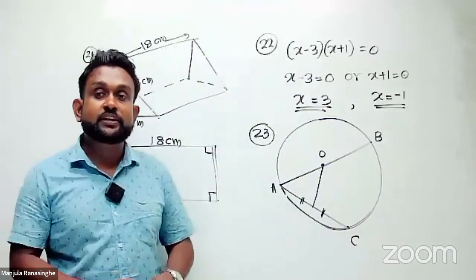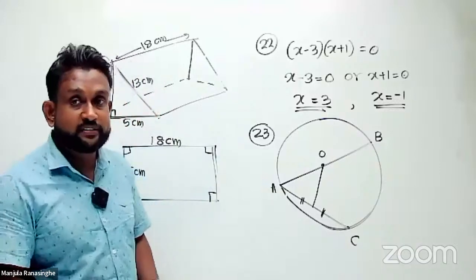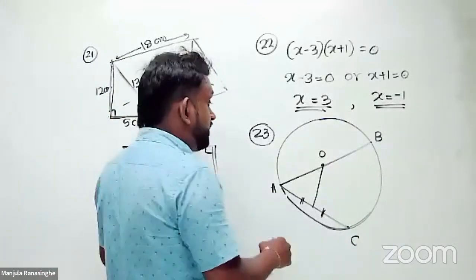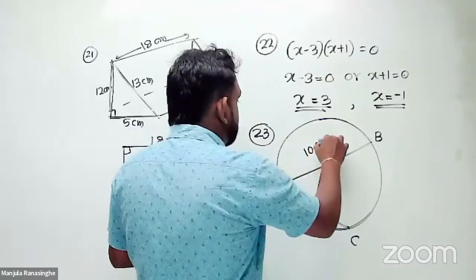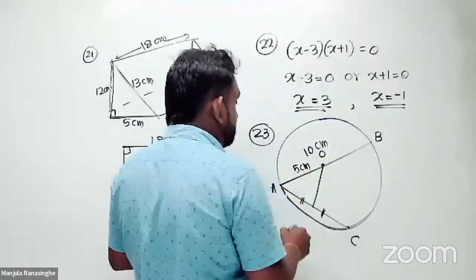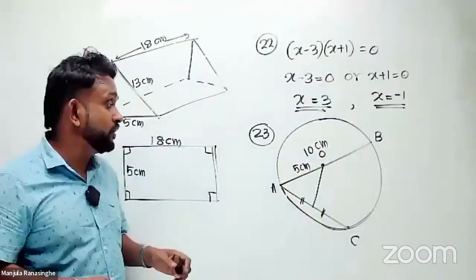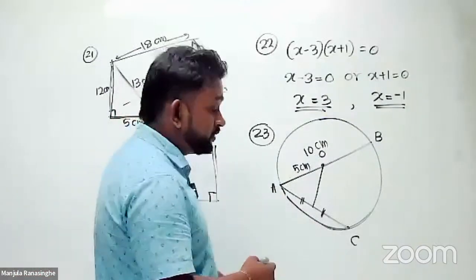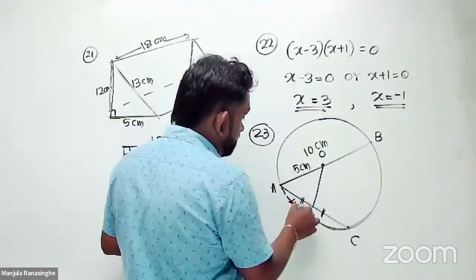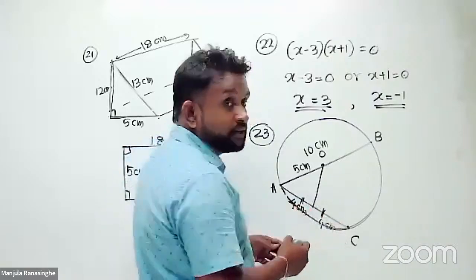AB equals 10 centimeters, that means one part is 5 centimeters. And AC equals 8 centimeters, so this part is 4 centimeters, that is bisected.